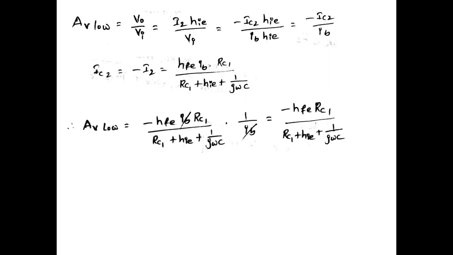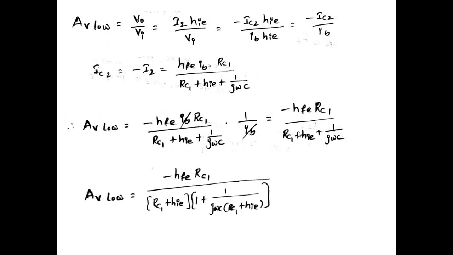Now just substitute this IC2 in the voltage gain AV low, which is equal to minus HFE IB RC1 divided by RC1 plus HIE plus 1 by j omega c, into 1 by IB. IB gets cancelled, which is equal to minus HFE into RC1 divided by RC1 plus HIE plus 1 by j omega c. We know the voltage gain in the mid frequency is equal to minus HFE into RC1 by RC1 plus HIE. Here in the denominator we need to take RC1 plus HIE as common.